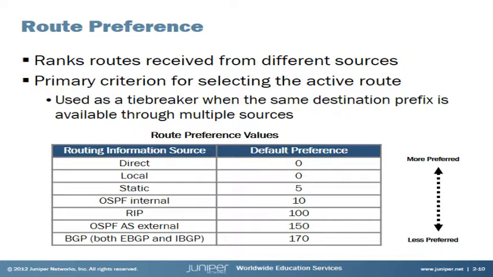So here is the route preference. Direct routes have a default preference of 0, local routes 0, and static routes 5.